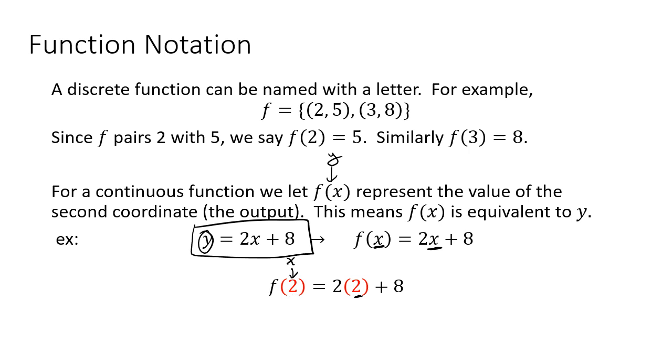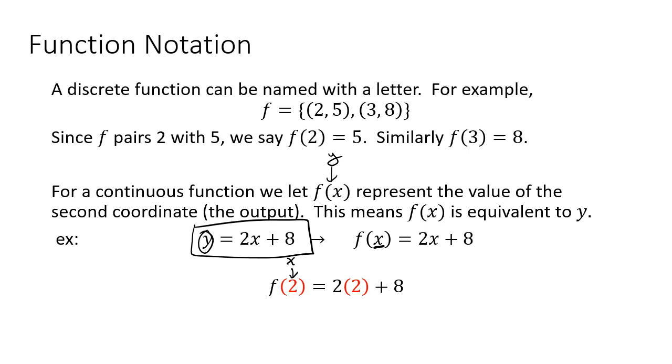Now, if you want to be safe, what you want to do is start by taking your x in your equation and replacing it with parentheses, and then plug whatever is inside of these parentheses in where x used to be, because we're going to get to plugging in some more complicated stuff than just a single number shortly.